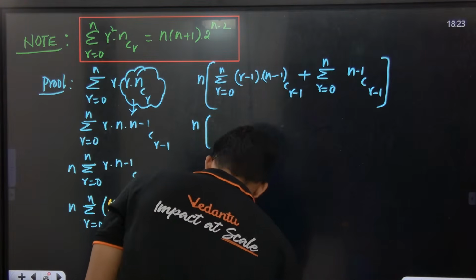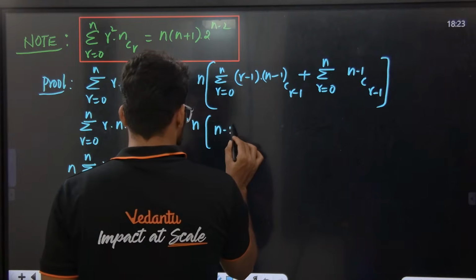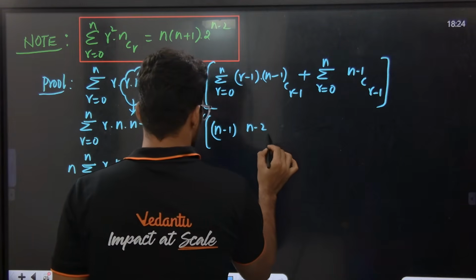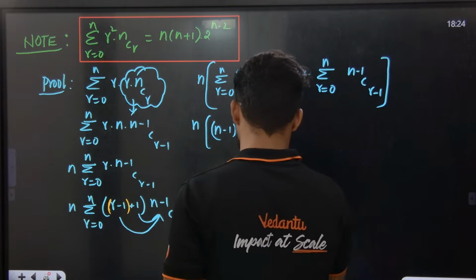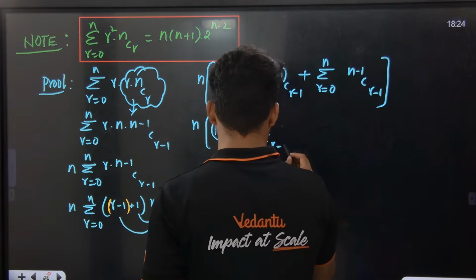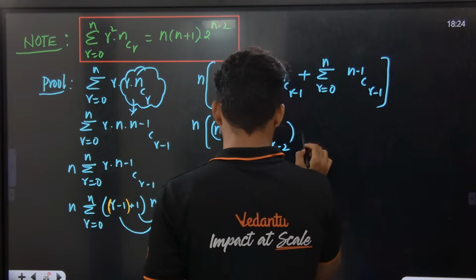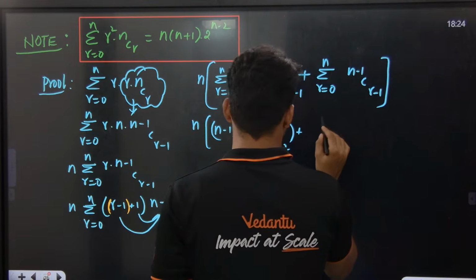So n minus 2, n minus 1 as it is, n minus 2 cr minus 1. Are you getting the point or not? r minus 2, sorry. n minus 1 into cr minus 2. Yes sir. Plus sigma n minus 1 cr minus 1, right?